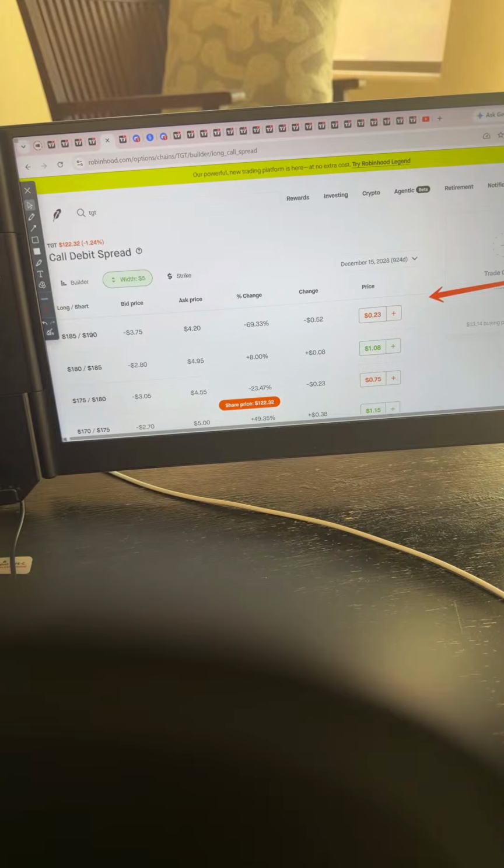Why does it always reset back to today? All right, back to December 15th, 2028. 375, that's the same exact thing over there, just different brokerages.